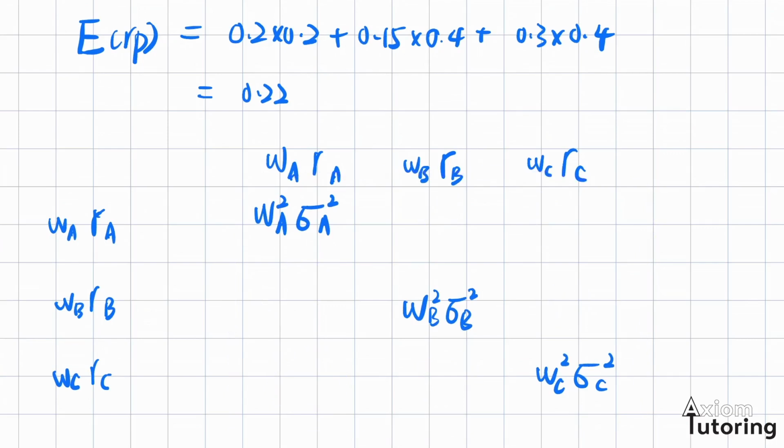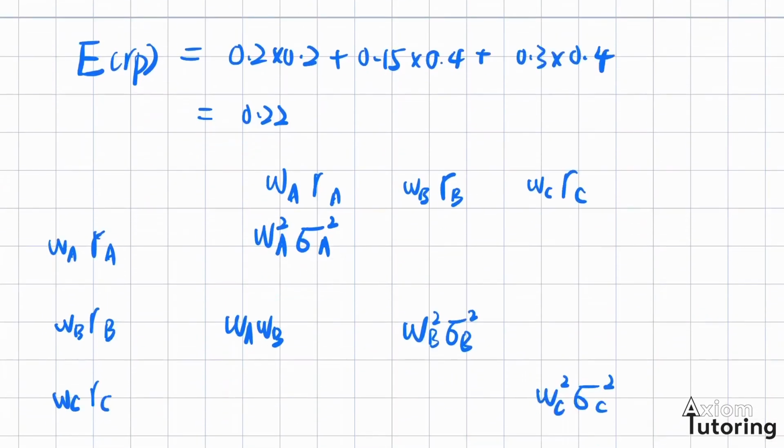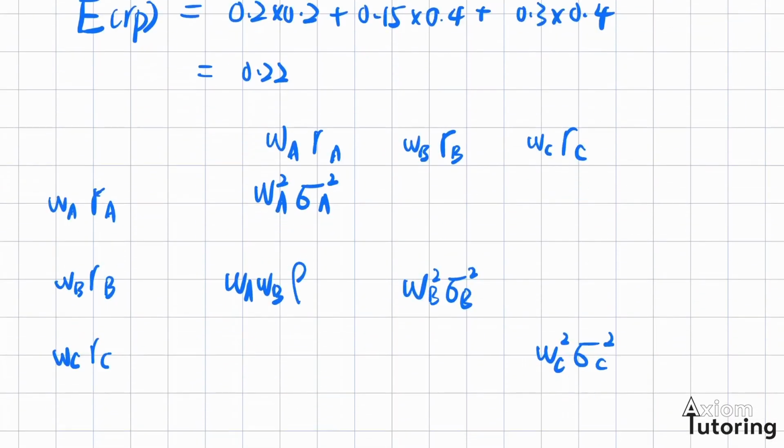In this case, you will end up with WA, WB, and the covariance between RA and RB. But we're not given the covariance, we're given the correlation coefficient, which is the rho AB here. So I need rho AB, sigma A, and sigma B.